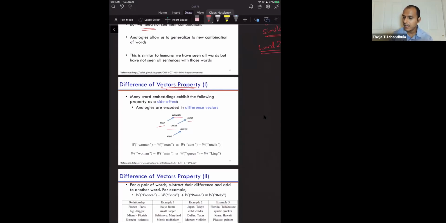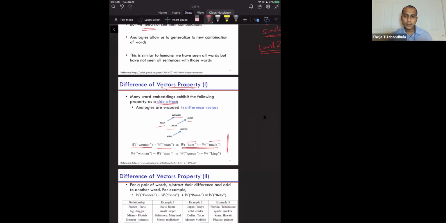By which I mean, let's say the representation for woman minus the representation for man. These are two vectors of the same dimension, 300 dimensions. You subtract them, you get a residual vector. That vector will be similar to the vector difference between aunt and uncle.